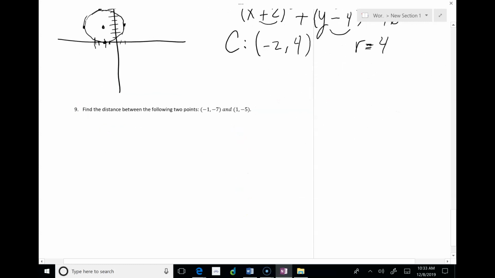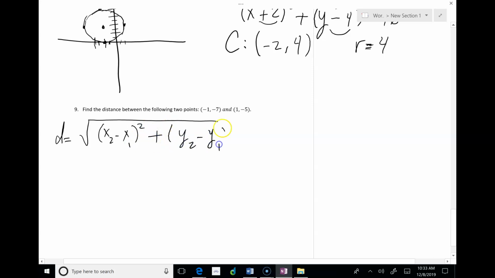Okay, the last question says, find the distance between the 2 points. The formula for distance is the square root of x2 minus x1 squared plus y2 minus y1 squared. So you just plug it in.